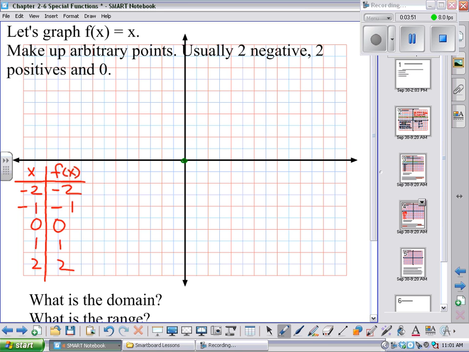Let me plot the points. So negative 2, negative 2, negative 1, negative 1, 0, 0, 1, 1, and 2, 2.